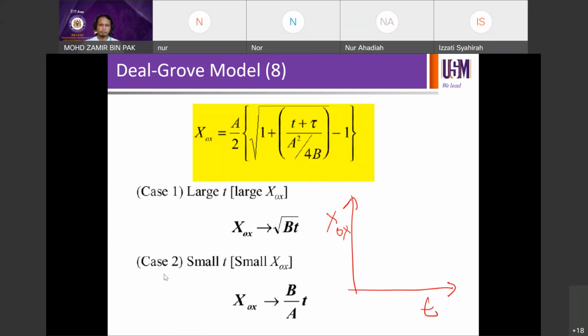So when you talk about large T, you're talking about the one on the right, isn't it?